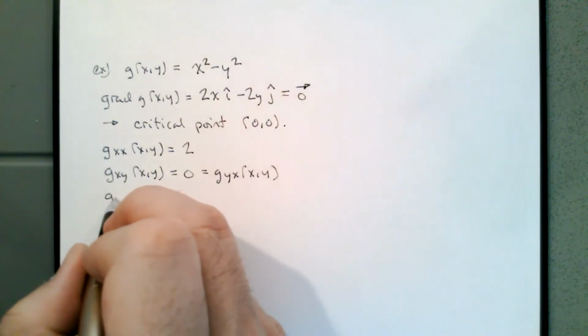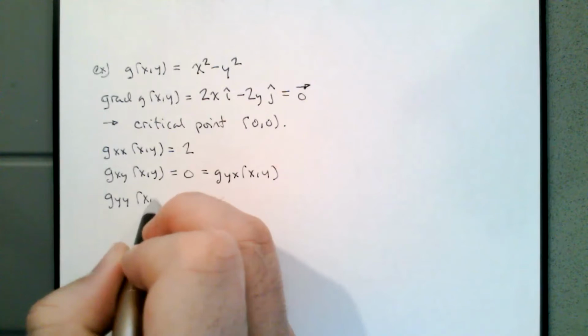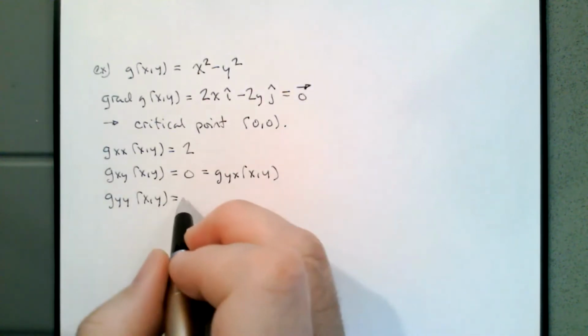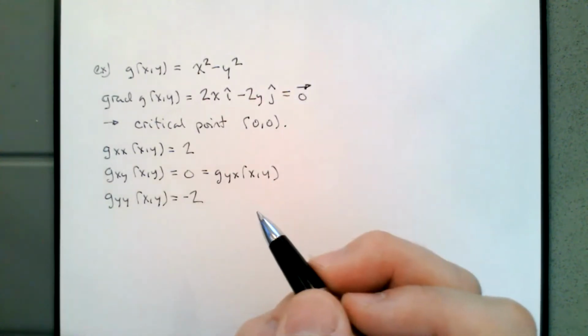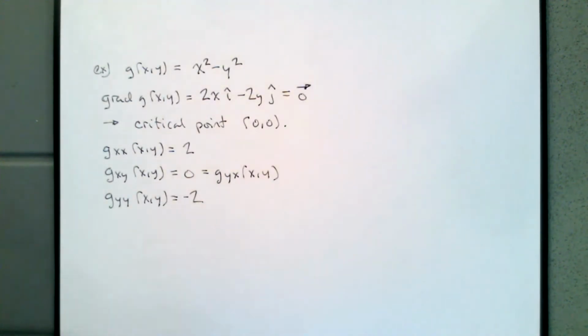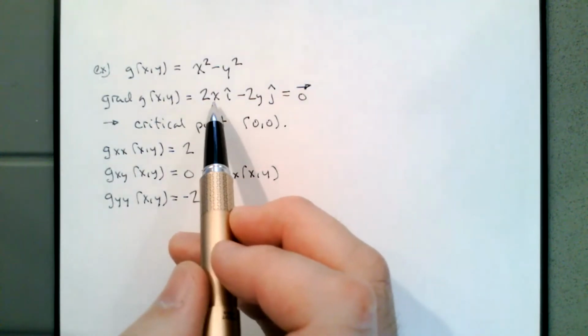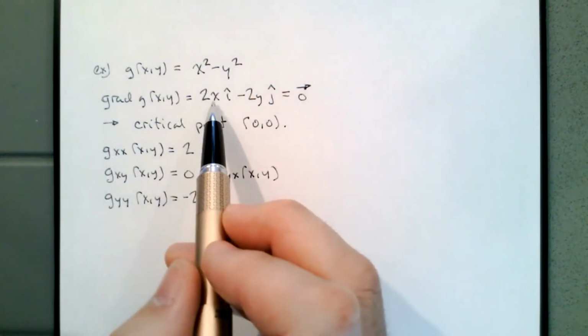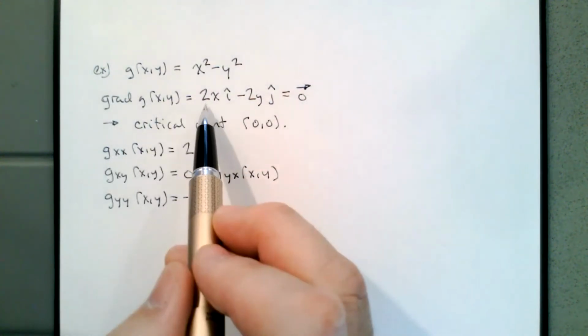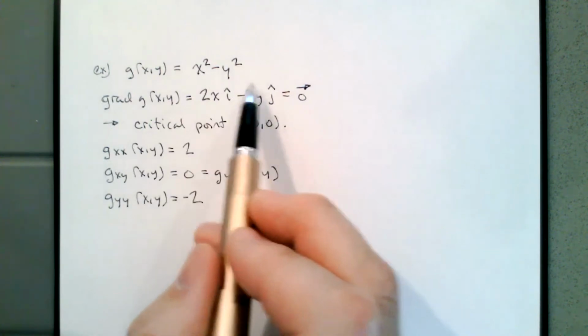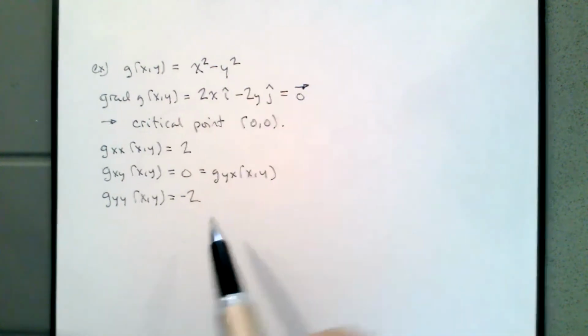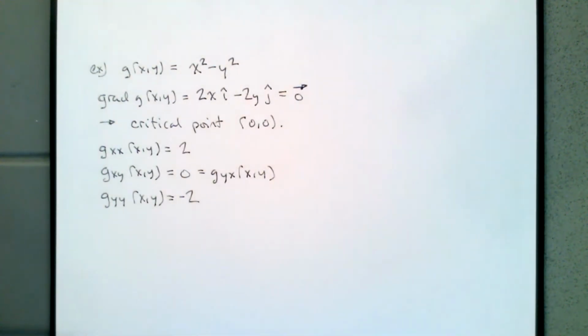But gyy at xy will be negative 2. So here, gx is 2x, so gxx will be 2. gy is negative 2y, so gyy will be negative 2.